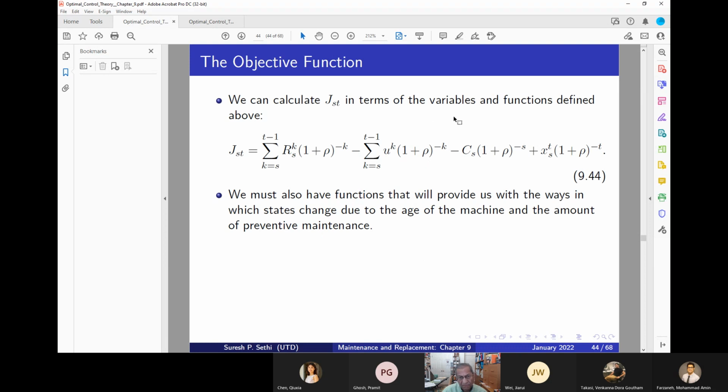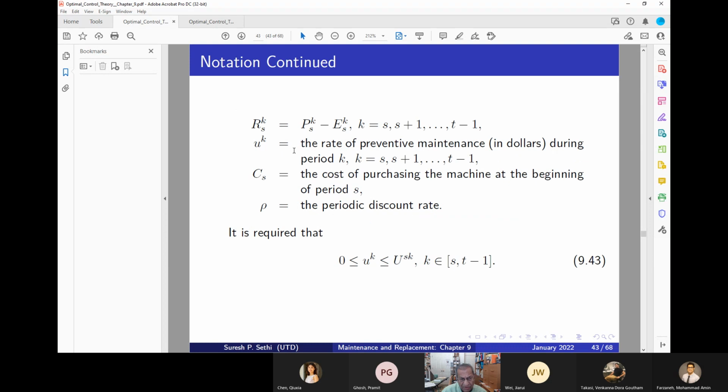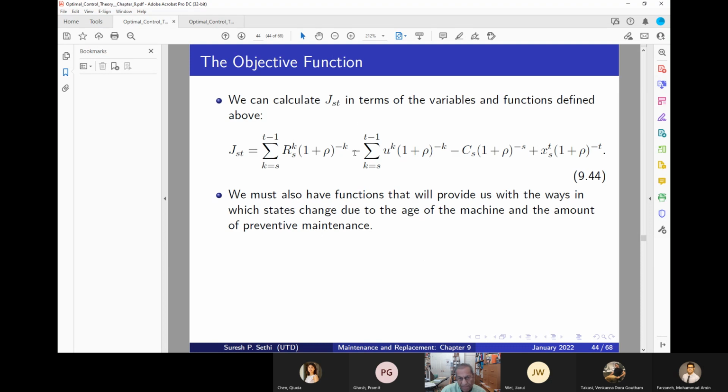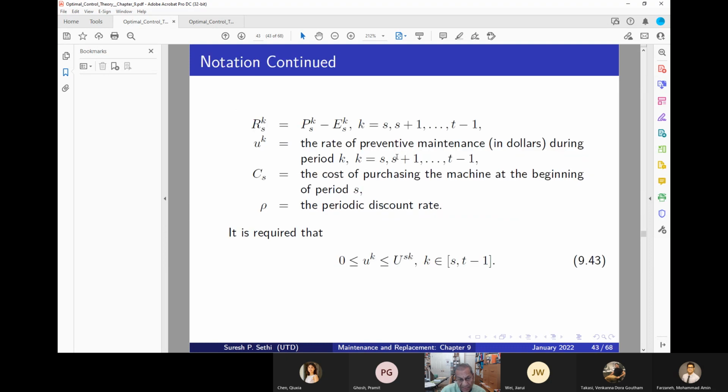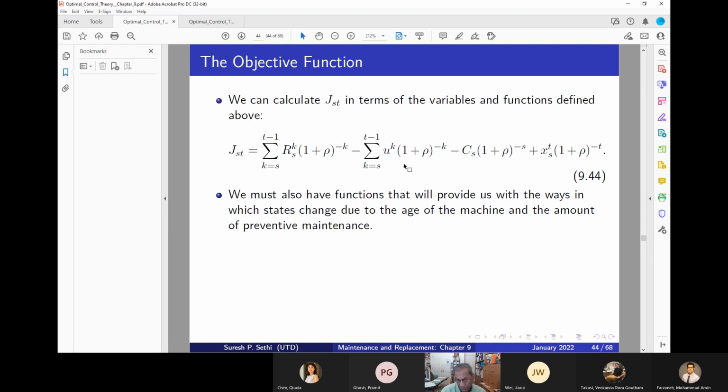Well, then JST is nothing but RK, which is our revenue from production minus the necessary expense, and minus the preventive maintenance, and I'm just assuming simply that it is the cost of preventive maintenance in dollars, so I can just substitute directly.